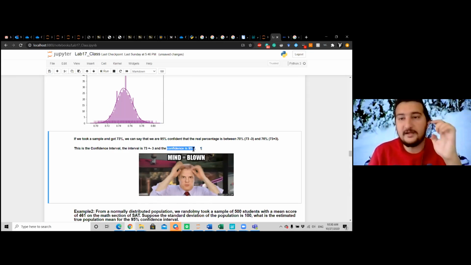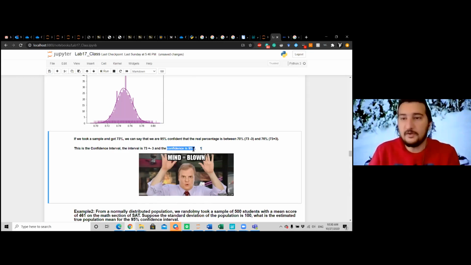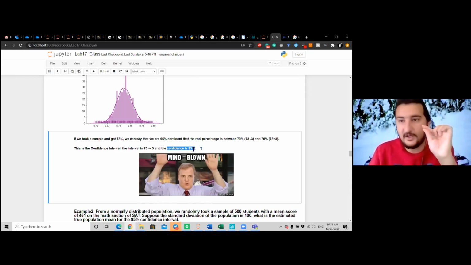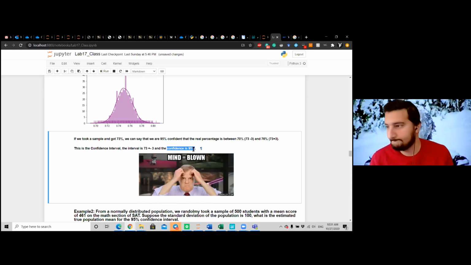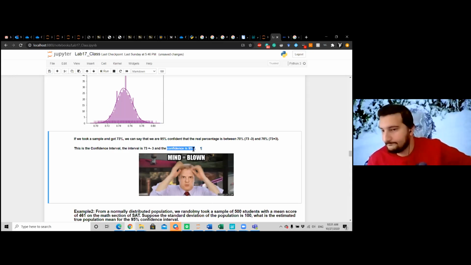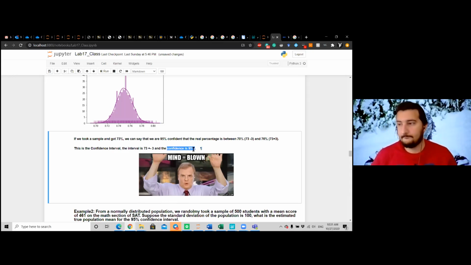So if you want 95%, your margin of error will be calculated based on 95%. If you want 90%, that will be a different margin of error and you will capture a different interval. Are we good? Cool.